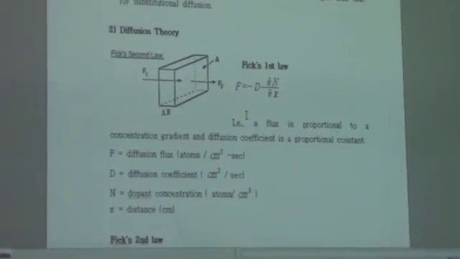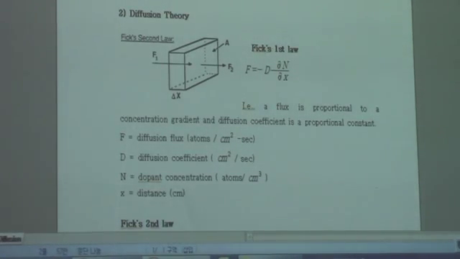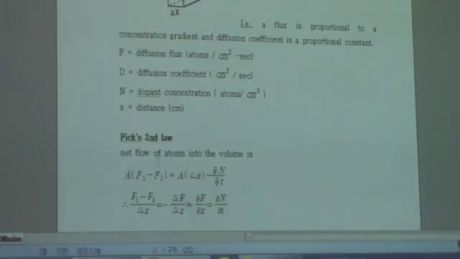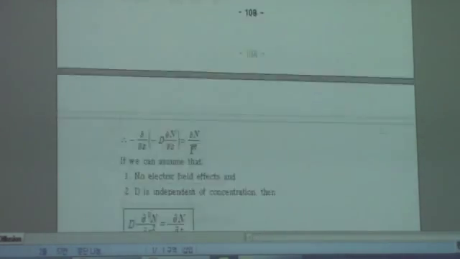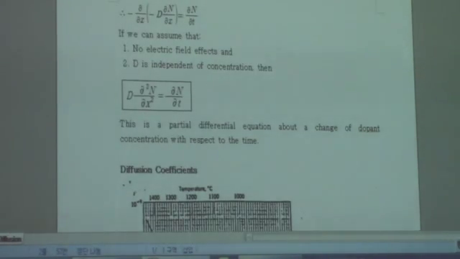We have Fick's first law and Fick's second law. Fick's first law is this, and then Fick's second law. If we can assume that there are no electric field effects and the diffusion coefficient itself is not that sensitive to the concentration of dopant, then we have these simplified partial differential equations to get the dopant profile inside the silicon.